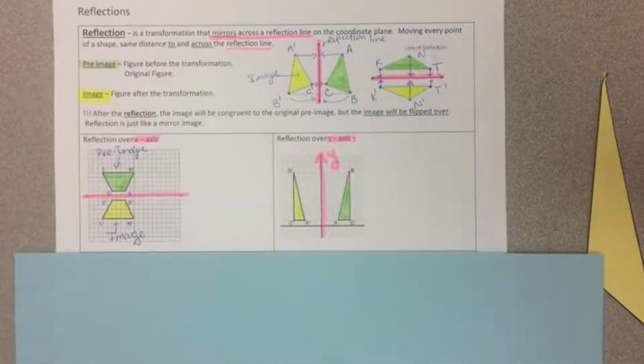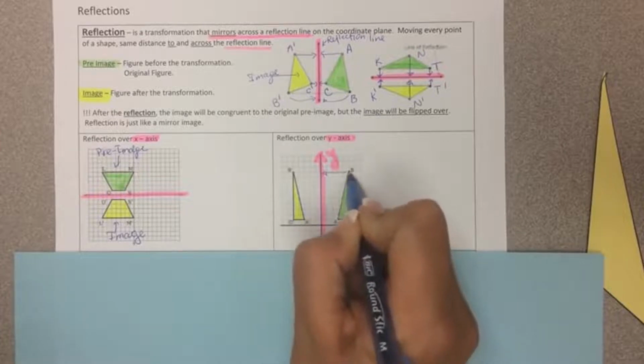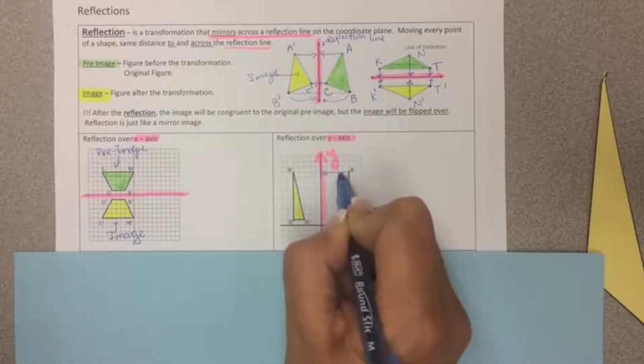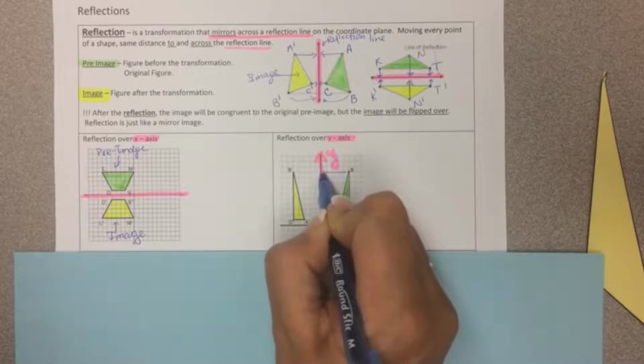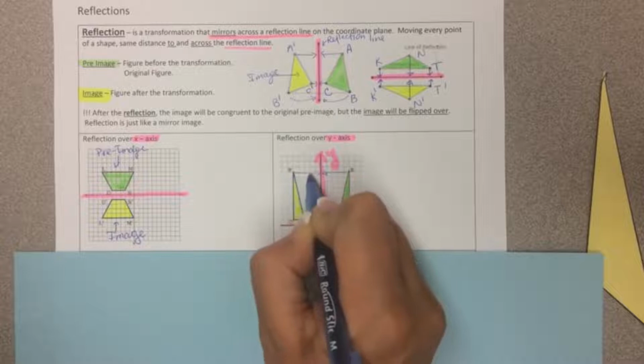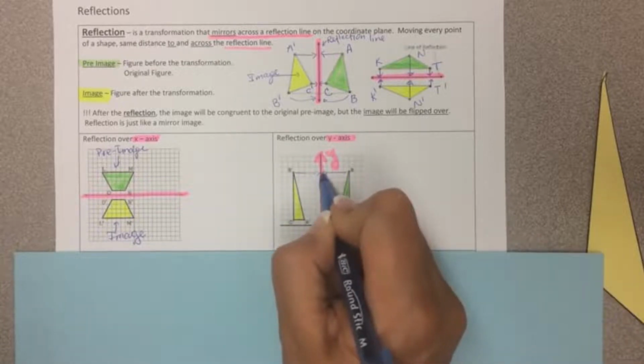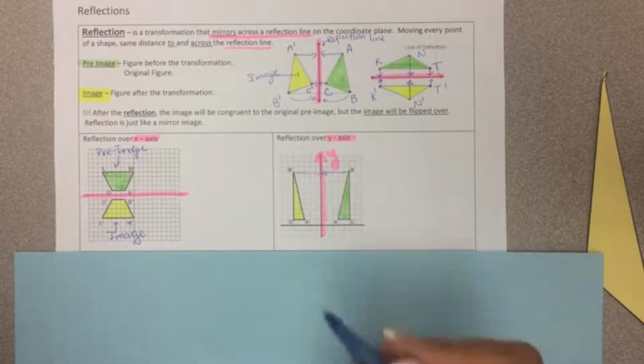The move shows the same number of units. So let's check here point B. Point B to the reflection line is 1, 2, 3, 4, 5 units away. B prime to the reflection line is 1, 2, 3, 4, 5 units away. So point B is the same distance to the reflection line and away.